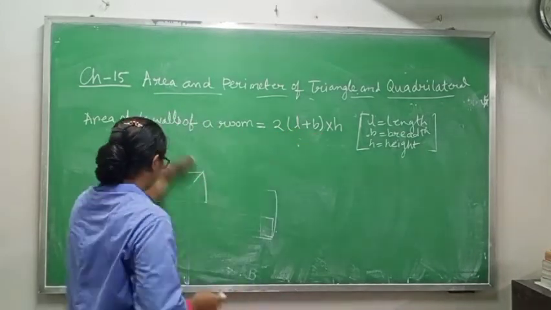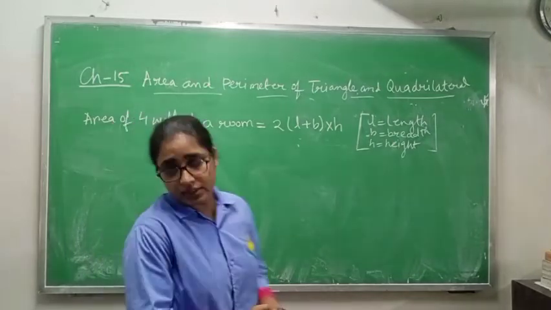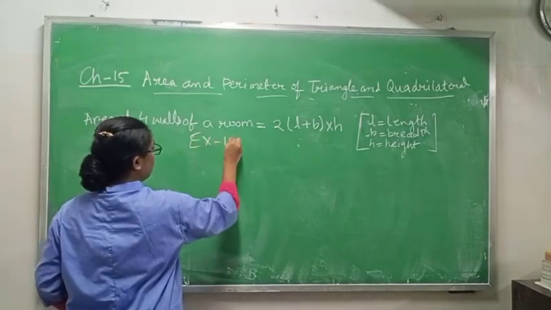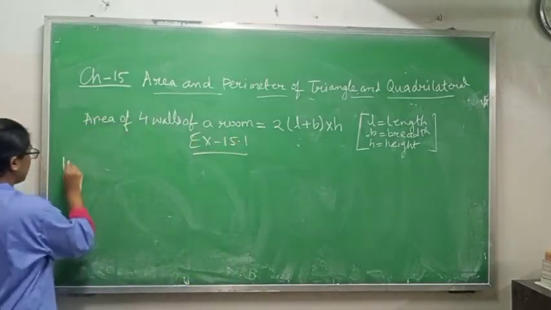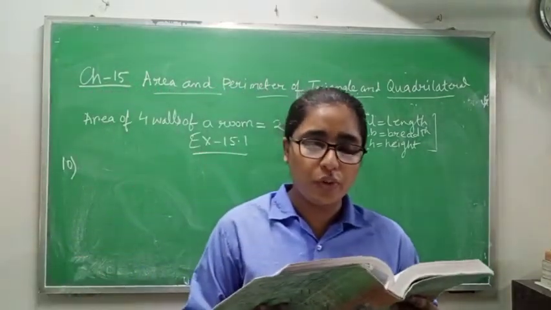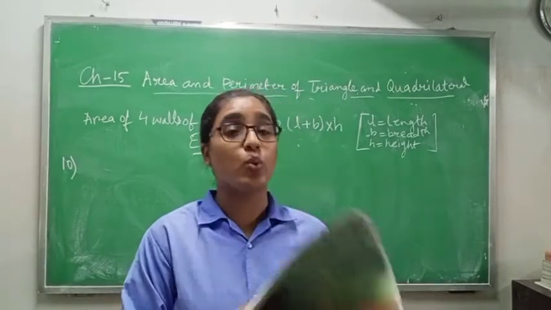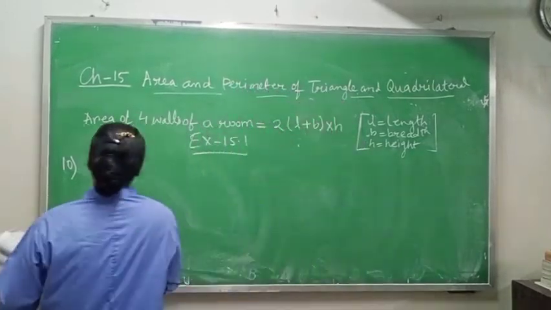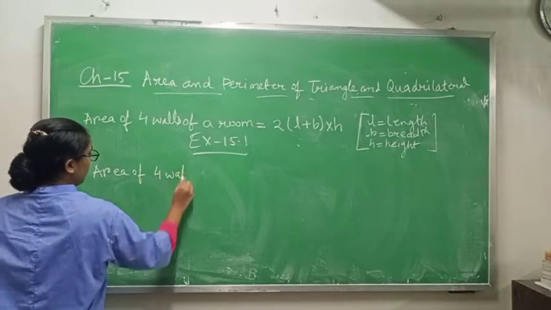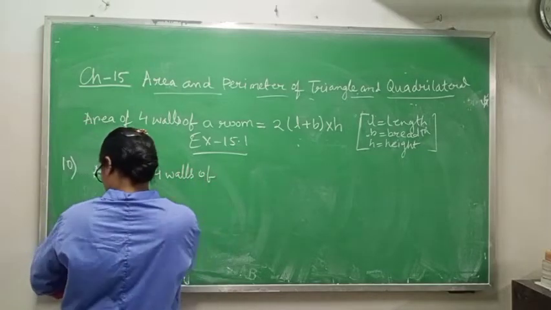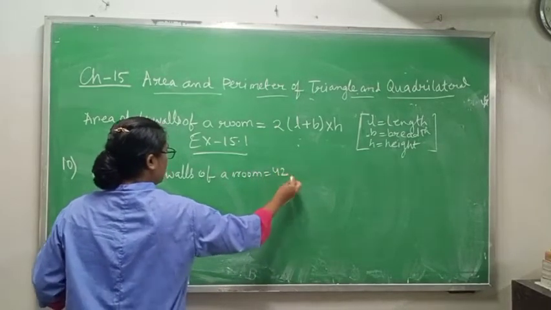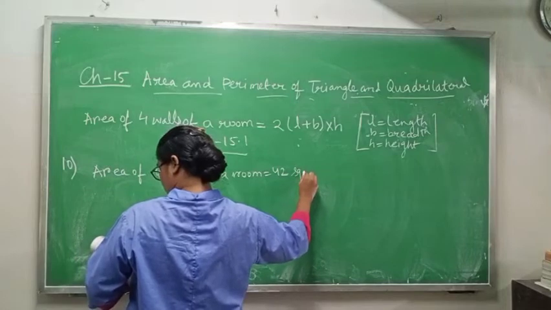Now please come to exercise 15.1, question number 10. In question number 10, it is given that the area of 4 walls of a room is 42 square meter. So area of 4 walls of a room equals 42 square meter.